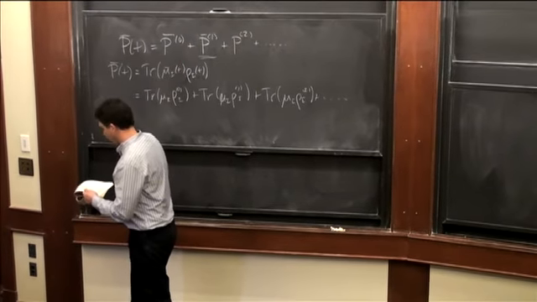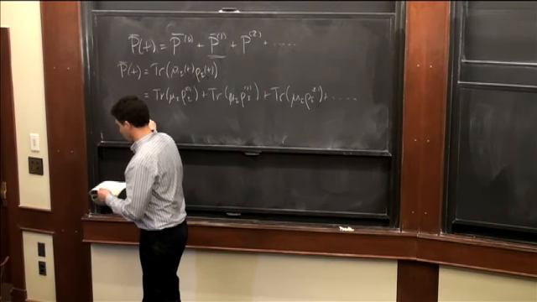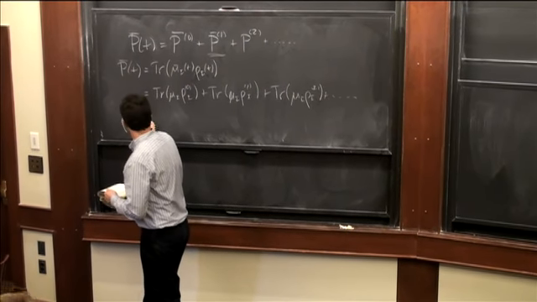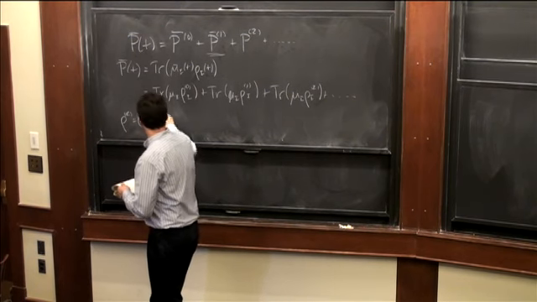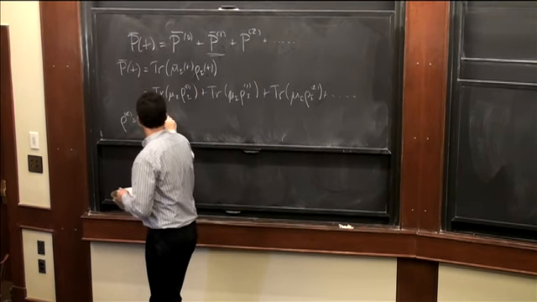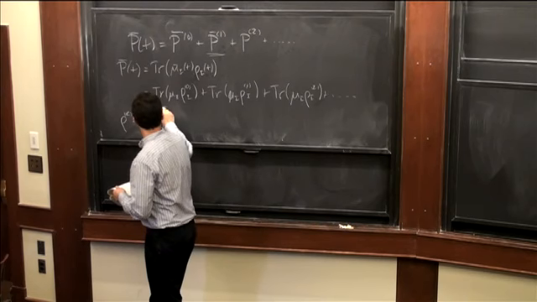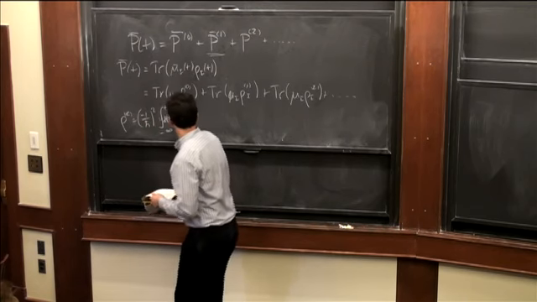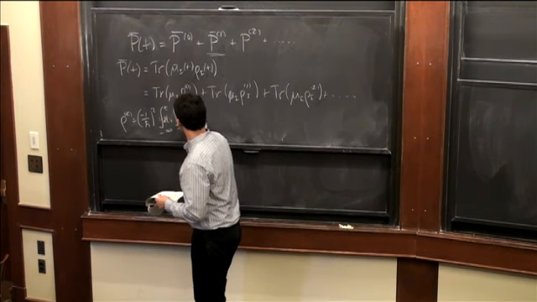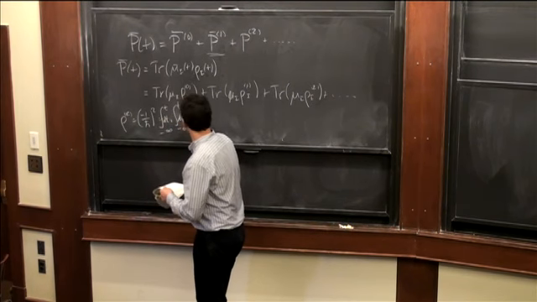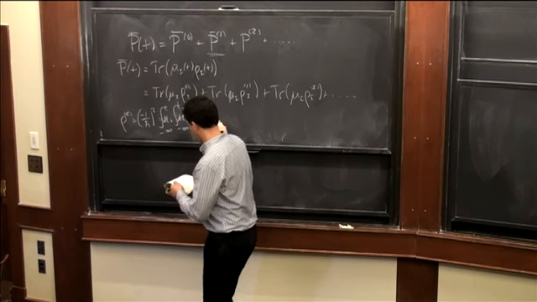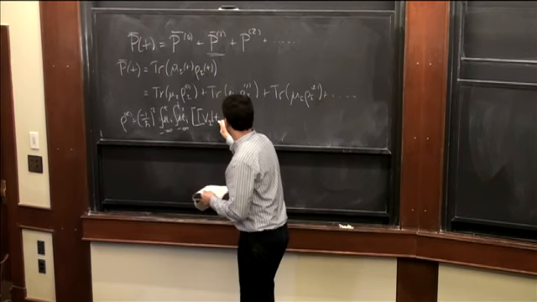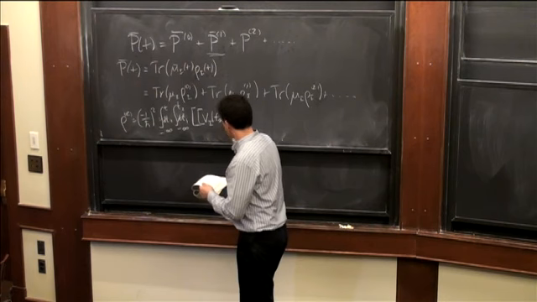Let me just throw down the second order term again, just so that we have something to look at. This is the time-ordered interaction, nested commutators in field interactions.